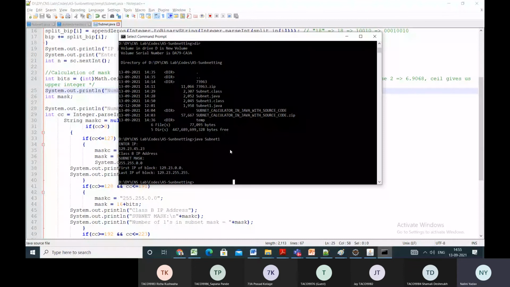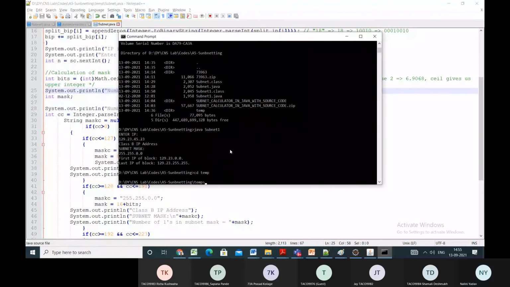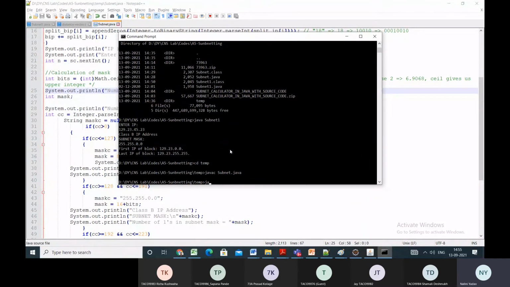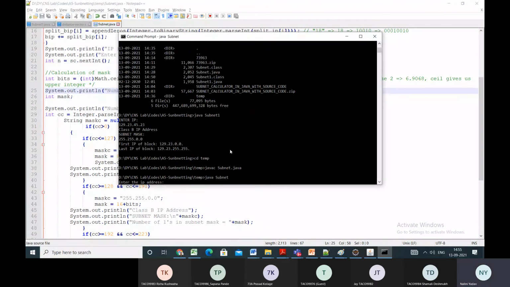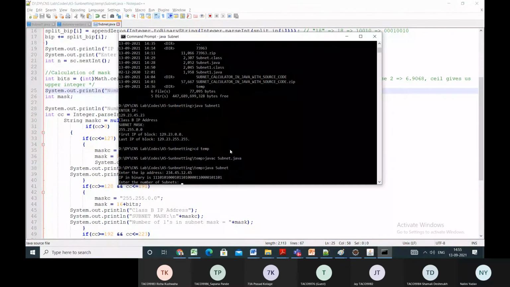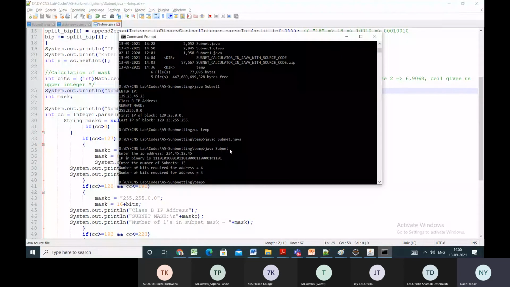So let me execute this code also. javac subnet.java and then java subnet. So here I want to give some IP address, say 234.45.45. The number of subnets, suppose I need 13 subnets. Now tell me, for 13 subnets, how many bits should the addresses have? So the number of bits over here for the addresses will be 4.